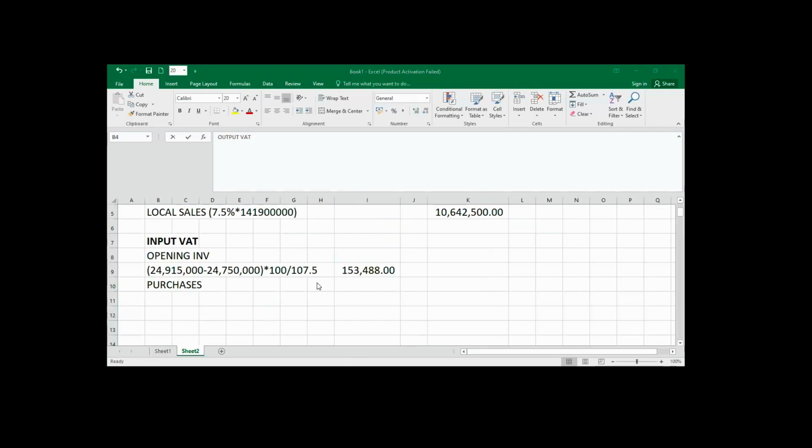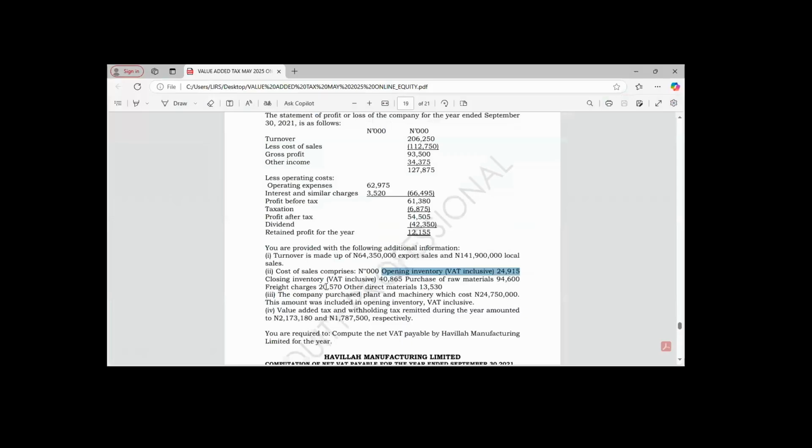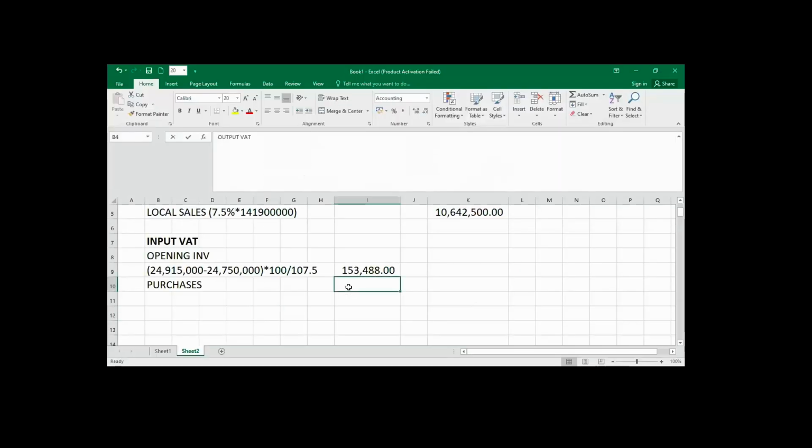We are told that our purchases figure, we have a value for purchases to be purchase of raw material 94,600. We have freight charges, it's also a direct cost, 2570, and other direct materials. All this will be added to the purchases figure, including the opening inventory. So we have the purchases, which is 94,600.